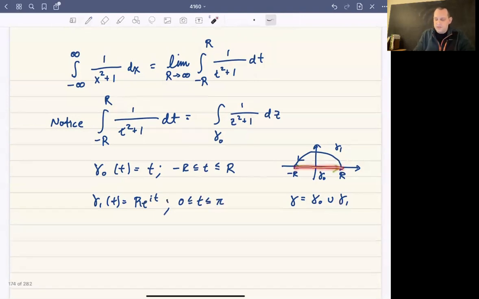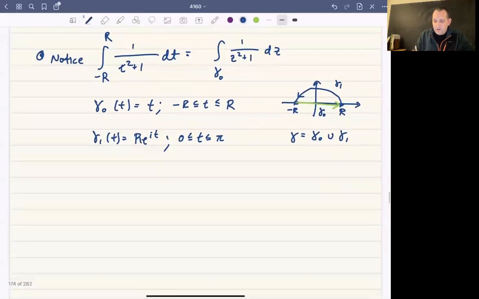In other words, take those two curves together, you get a single path. That piecewise smooth path is gamma. So this is the first point: the integral that we're trying to evaluate is actually the integral over gamma naught of 1 over z squared plus 1, a path integral.